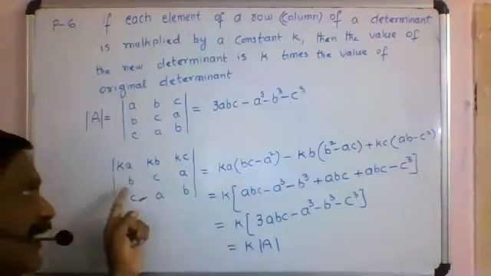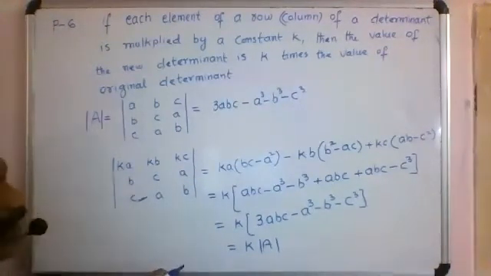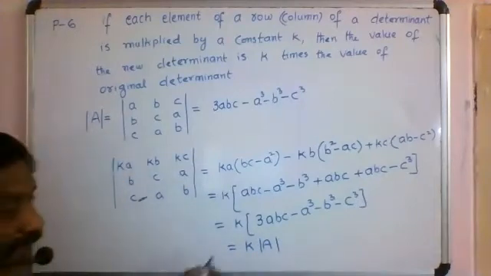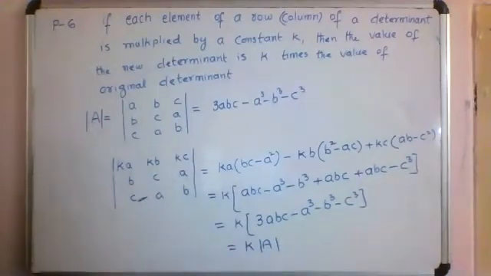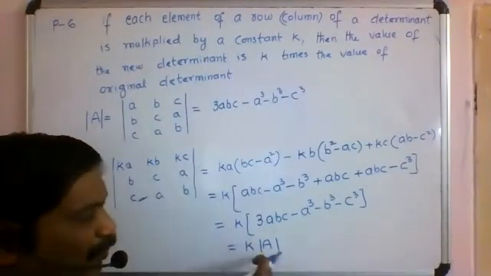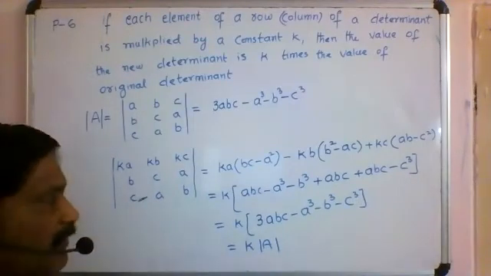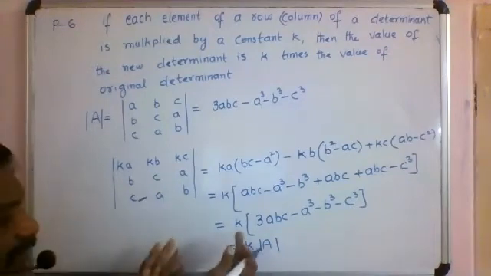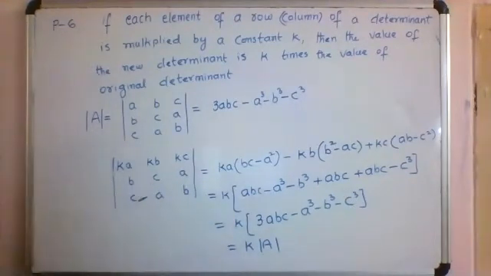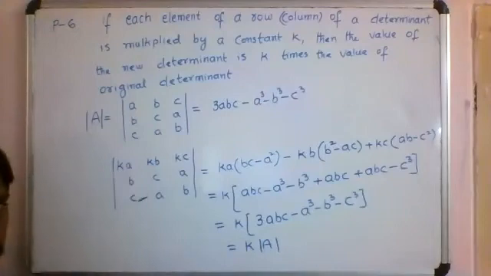If I multiply all the elements of the second row also by K, I will get one more K here, so it will become K square into det A. If I multiply the third row also by K, I get K cube into det A. So in the case of determinants, we can take K common when it appears for only one row. For one row, one K will come out, one row or one column also. That you have to remember.